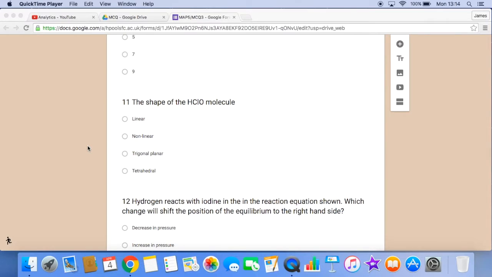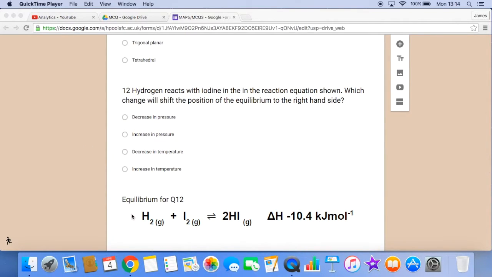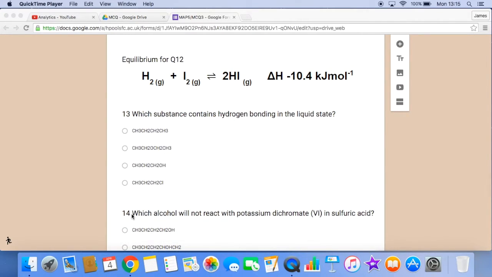Number 11, what's the shape of the HClO molecule? Number 12, you need to consider the equilibrium here to answer this one. Hydrogen reacts with iodine in the equation. Which change will shift the position of the equilibrium to the right hand side? 13, which substance contains hydrogen bonding in its liquid state?